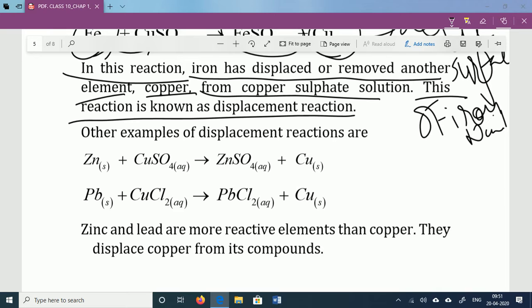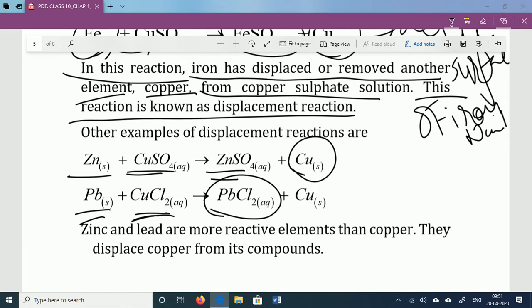Pb, lead, is also more active. So Zn is capable of displacing the Cu from CuSO4 and makes ZnSO4. Pb is capable of displacing the Cu from CuCl2 solution and makes PbCl2. This reaction is known as a displacement reaction.